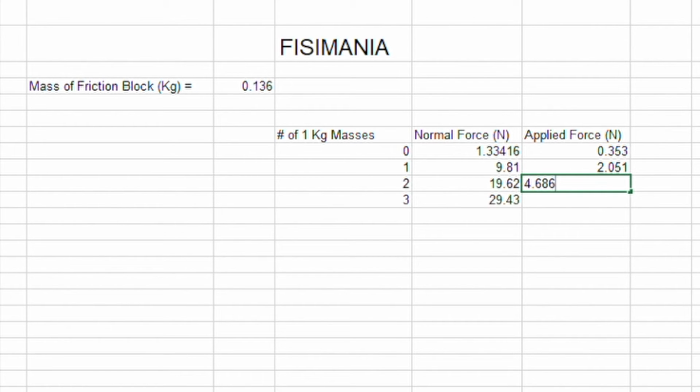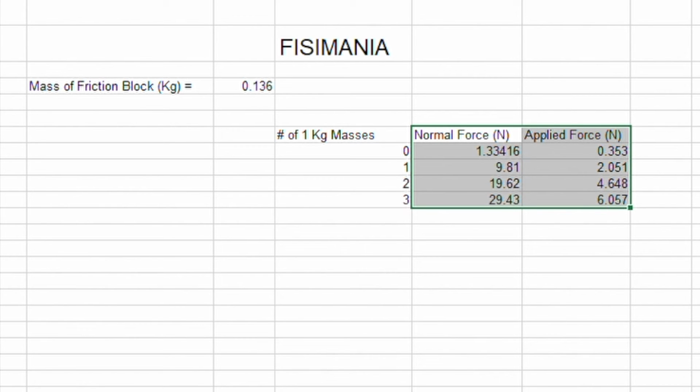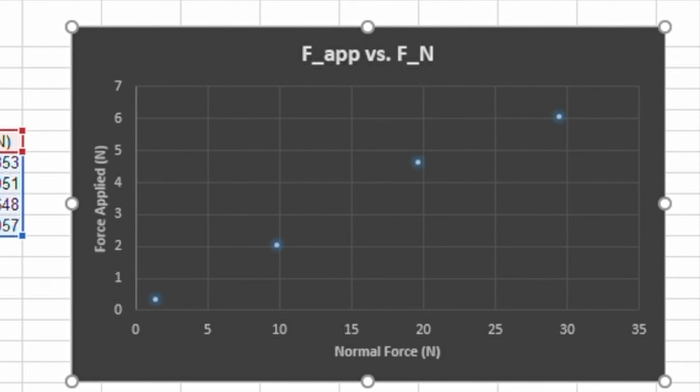And then the applied force is going to be equal to 0.353 newtons all the way to 6.0057 newtons.